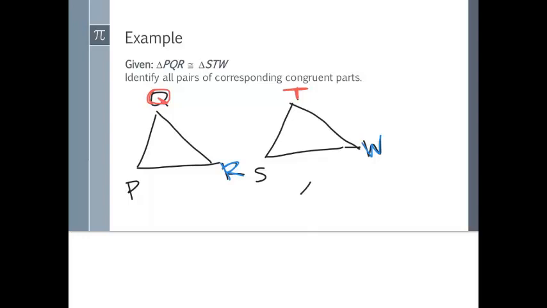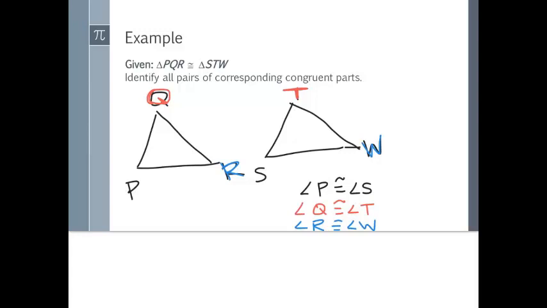So we can say that angle P is congruent to angle S, that angle Q is congruent to angle T, and angle R is congruent to angle W. The angles are the easy ones.